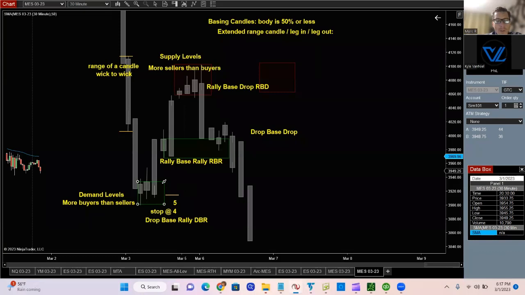So I've adapted to just drawing the whole zone because I want the reference point. But like I said, that doesn't mean that I just put a limit order at the highest wick. That's not what it means for me.